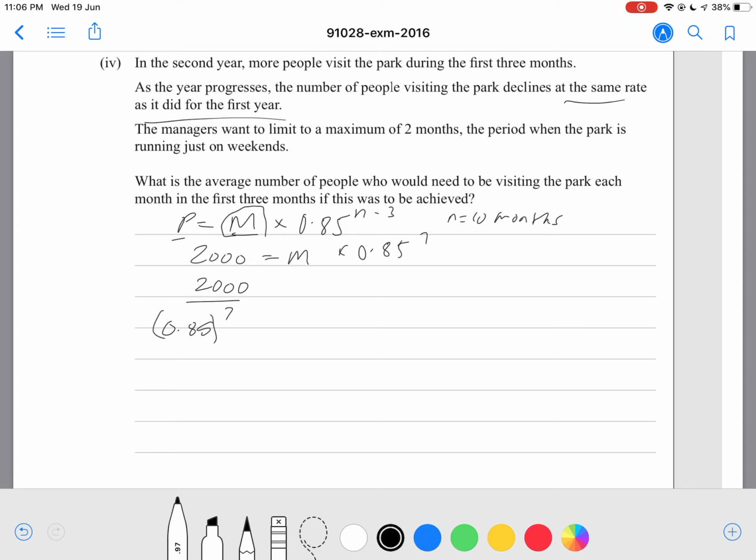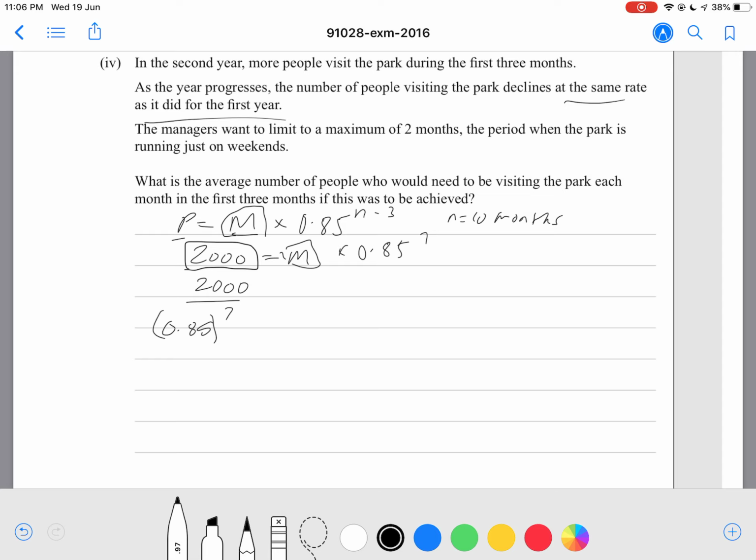So basically, I'll explain one more time. The m we have here is the unknown amount of people visiting the park initially. So we're trying to find how many people are going to be visiting the park initially. We're substituting P equals to 2,000, because the managers run the park on just weekends when the number of visitors drops below 2,000.